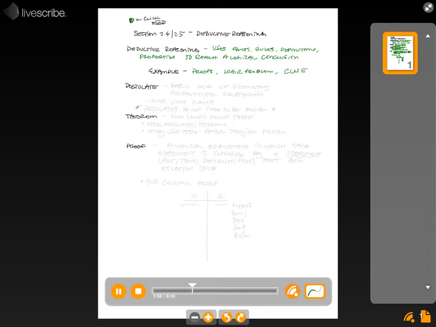Now, a postulate, that's your second definition. A postulate is a basic idea of geometry. Okay? And it describes a fundamental relationship.